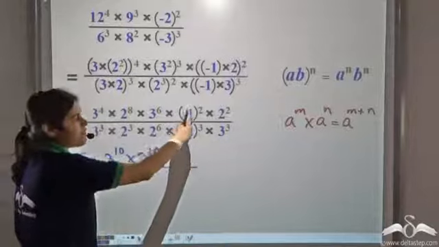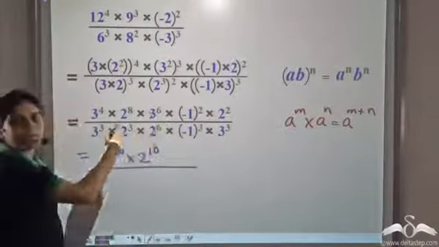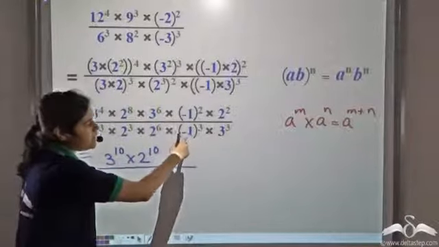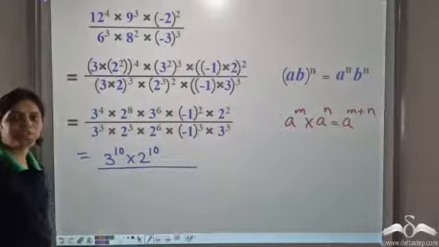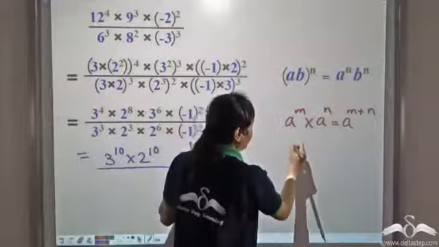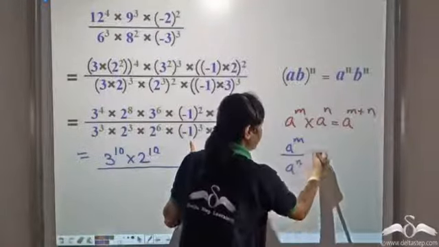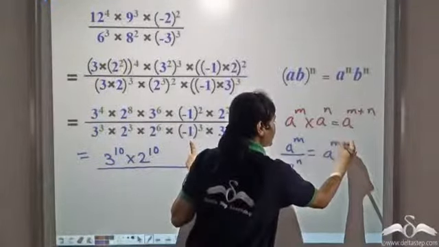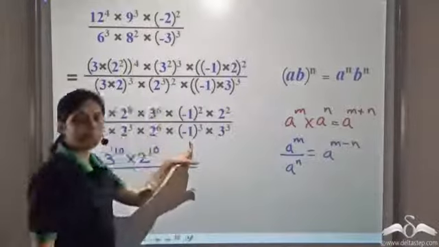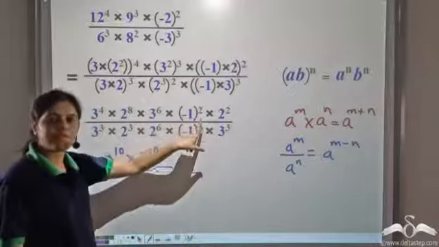and we have negative 1 to the power 2. There is no negative 1 in the numerator, but there is negative 1 to the power 3 in the denominator. Now, if we have a to the power m divided by a to the power n, we can write it as a to the power m minus n. So when we have the same base, we can subtract the powers.